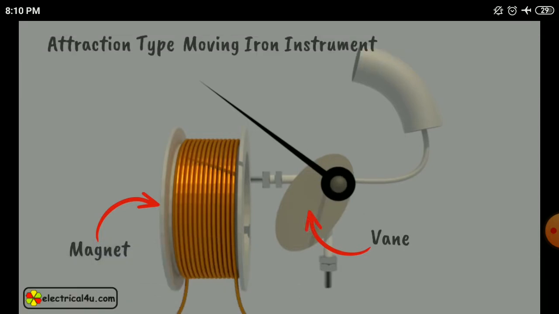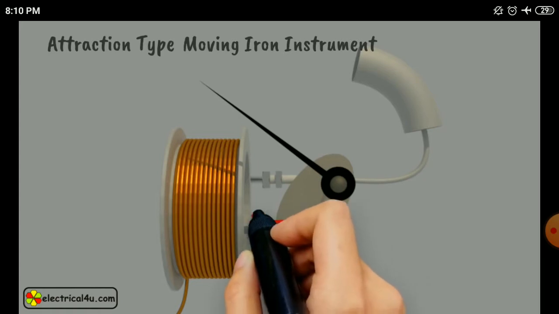The force of this attraction depends upon the strength of the magnetic field. If the magnet is an electromagnet, then the magnetic field strength can easily be increased or decreased by increasing or decreasing the current through its coil. The single soft iron vane is mounted on the spindle and it is attracted towards a coil.